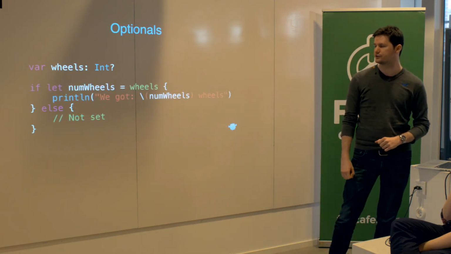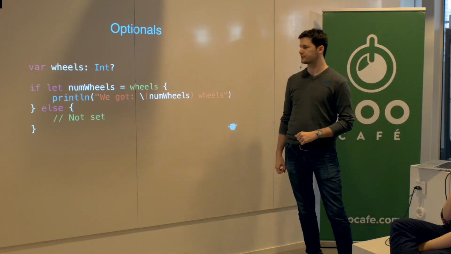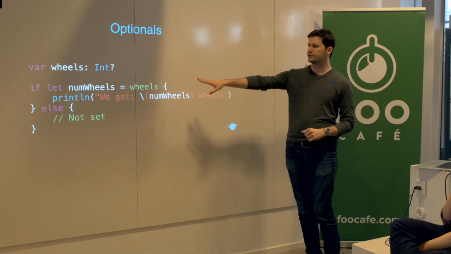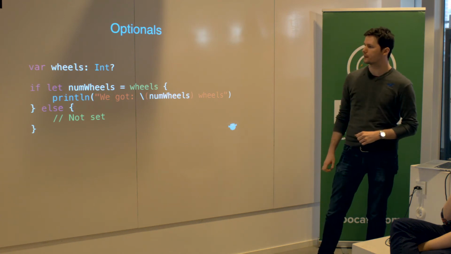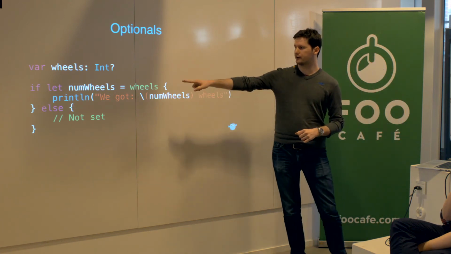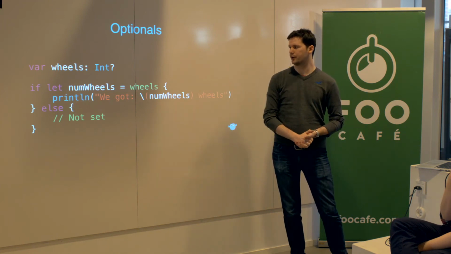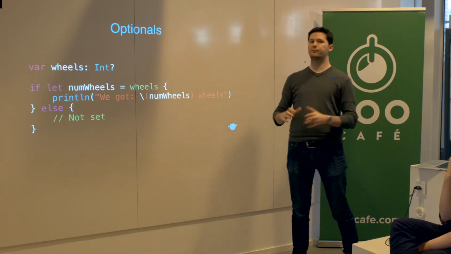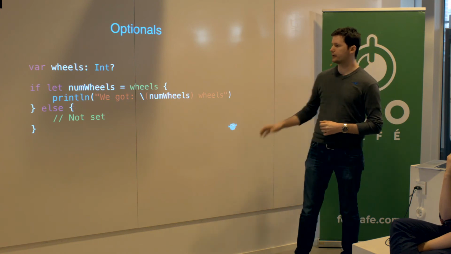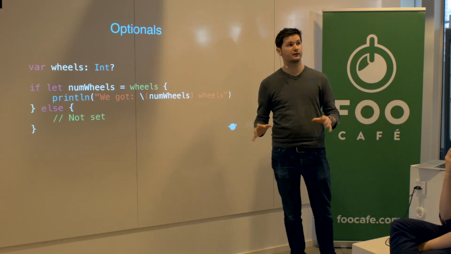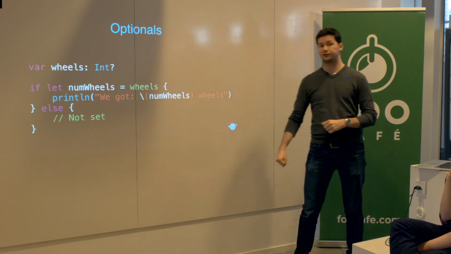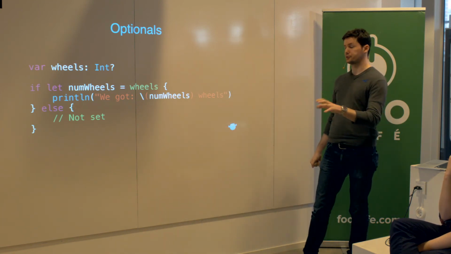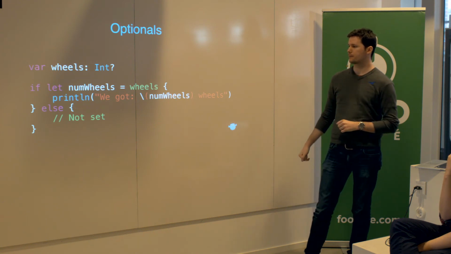They've introduced this if-let syntax. What you do is you define a constant inside an if statement where you assign the value from the optional. If we have a value on wheels, if it is not nil, for example 5, then num wheels will be set to 5 and be a non-optional int.